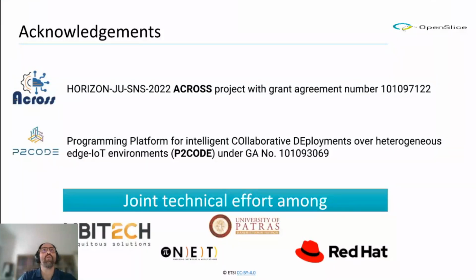So these are the acknowledgements. We have this Horizon Across projects with grant agreement number, etc. And the programming platform for intelligent collaborative deployments over heterogeneous edge IoT environments, P2 code, under this grant.